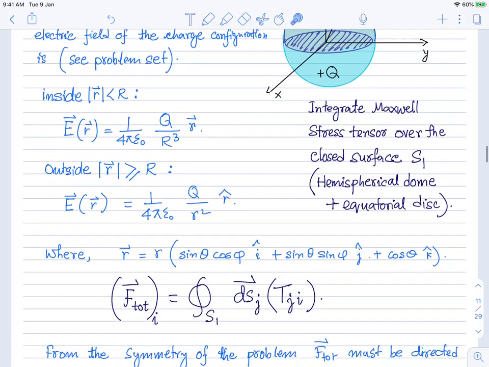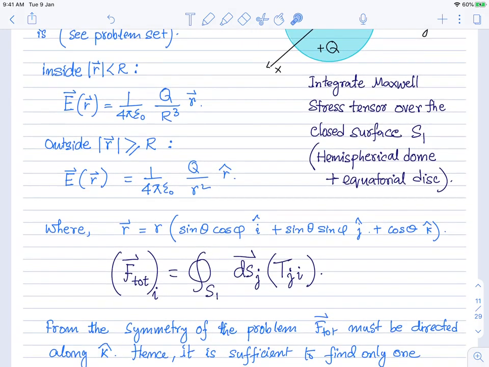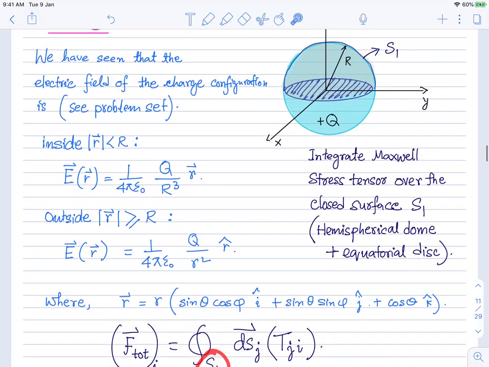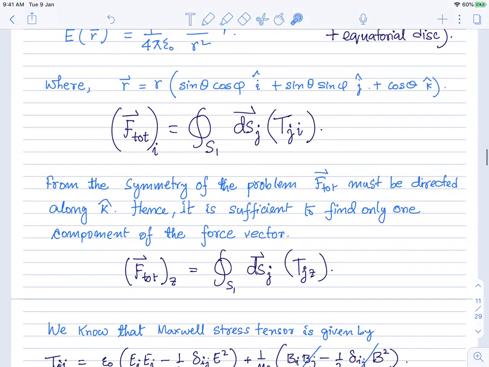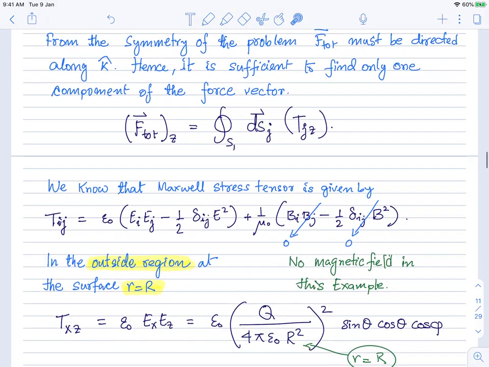Now you can just take these expressions, and we want to find the force on the northern hemisphere by evaluating this integral on the surface S1. Again, remember the surface S1 is a combination of two surfaces. One is this hemispherical surface, and the other is this circular disc-like surface on the equatorial plane. So we have to find this integral.